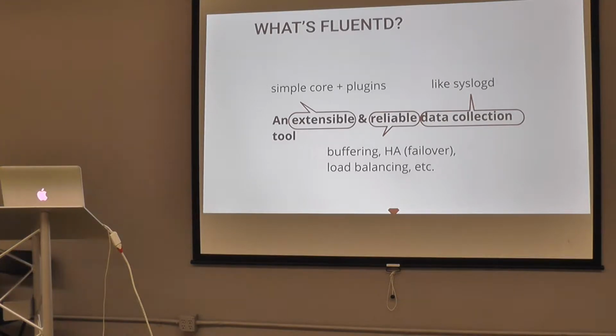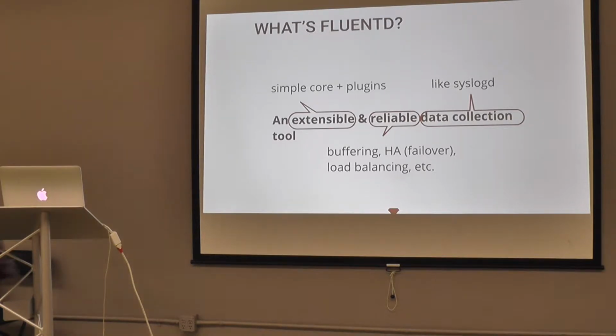The way a common interface works, and we'll go into this more later, you probably already know: you start with a simple core and you build plugins around the core. So you have a common interface, input plugins, and output plugins. And how can we say this thing is reliable? Buffering and failover are actually built into the tool as well, right?